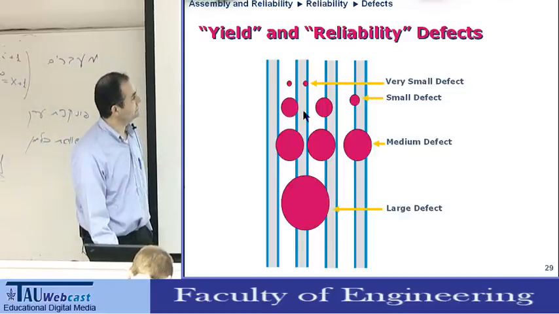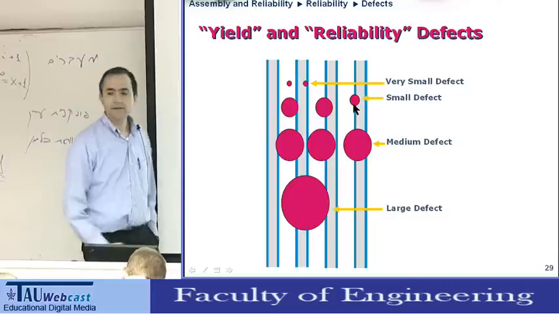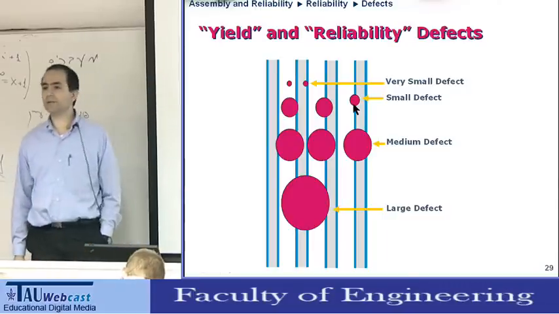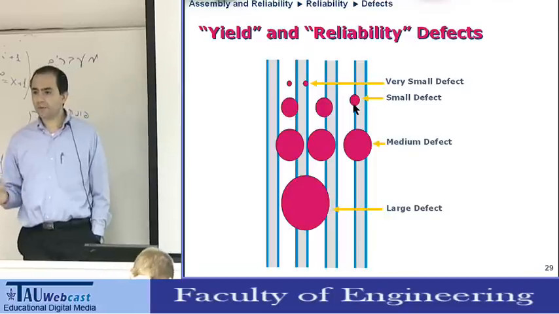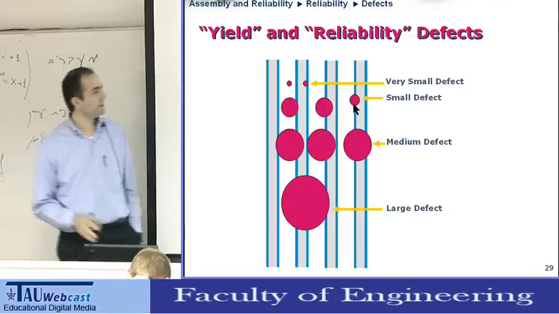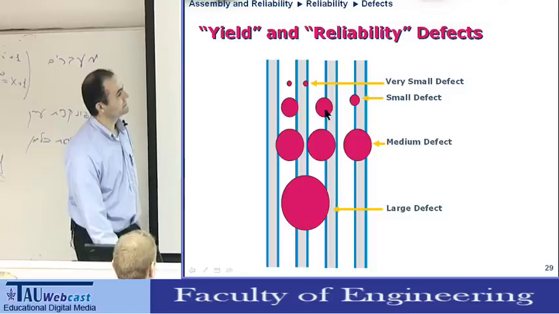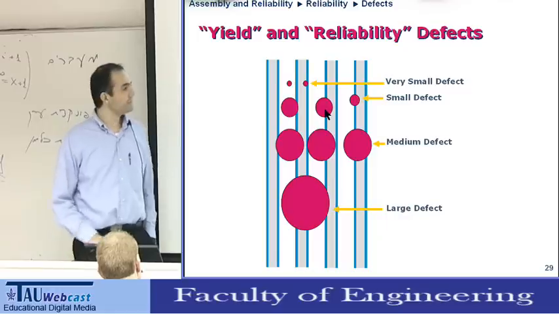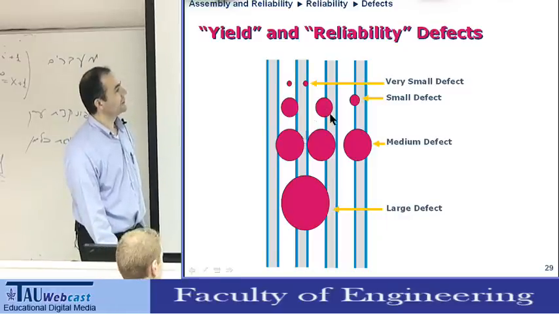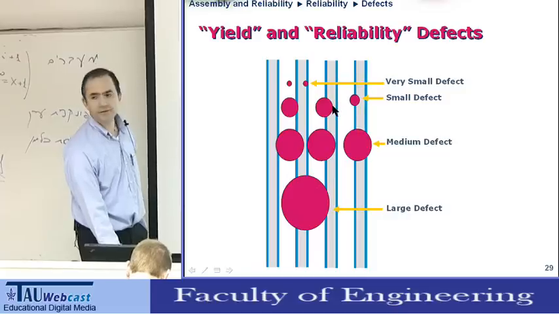Let's look at this part. Will it be a yield or reliability problem? Probably not. Okay? What about this one? So if it's a conductor, it will not be a problem. If it's an insulator, still half the line is conducting.